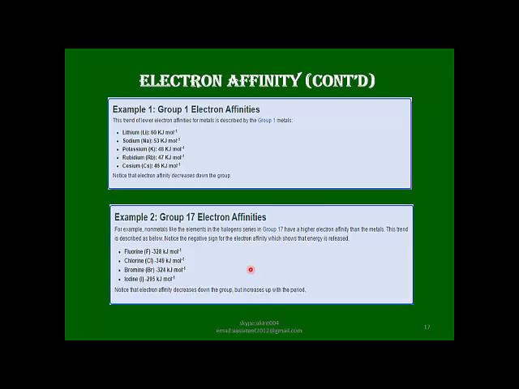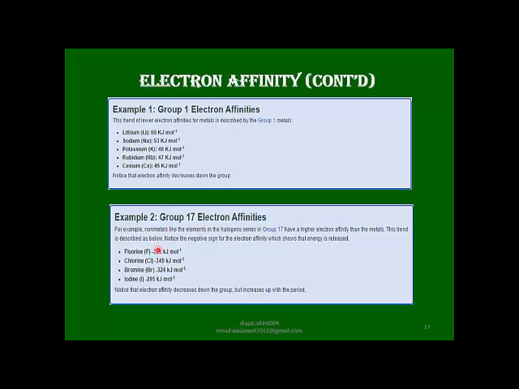Down the group, let us try to look at it from 60 to minus 46. So 60 is farther away from 0 than 46, whether we take negative or positive. So down the group it reduces.